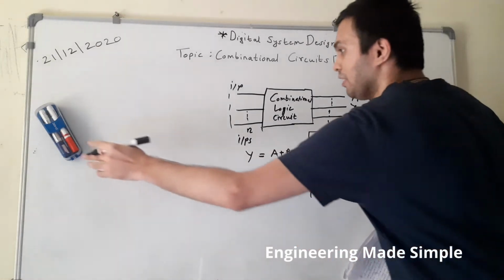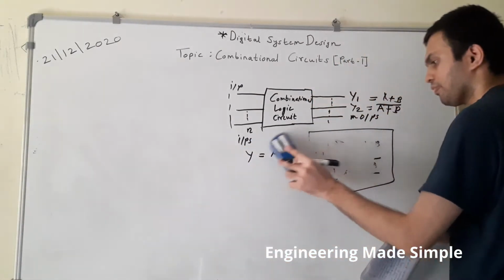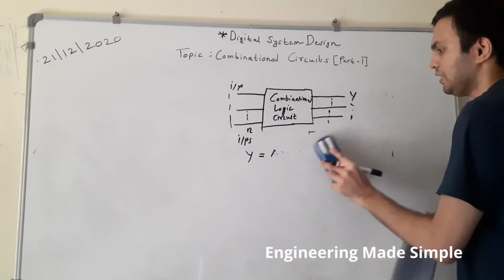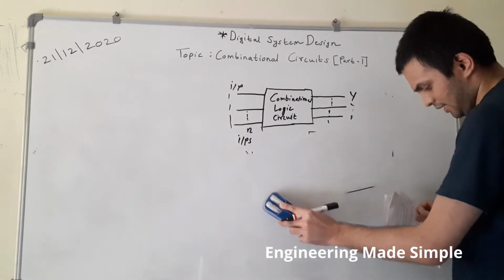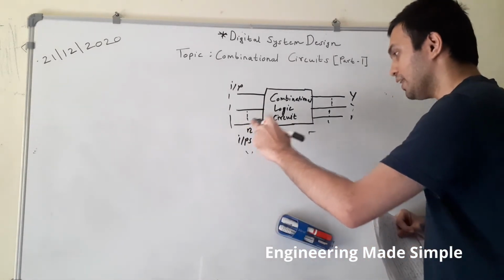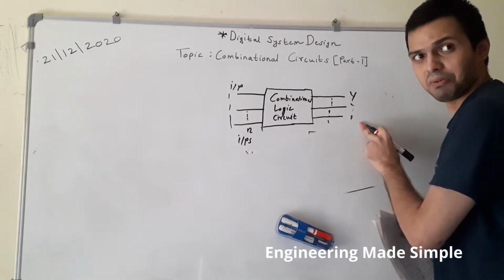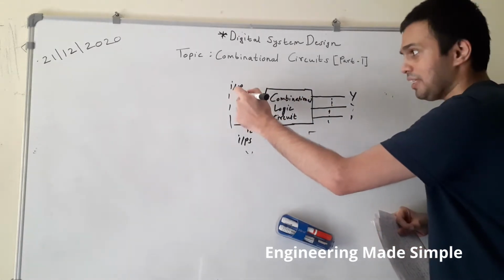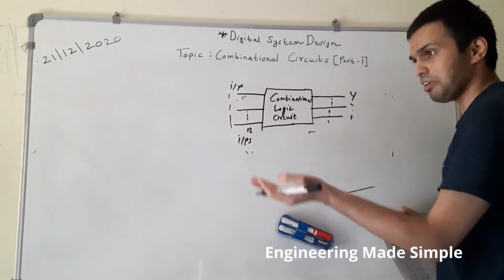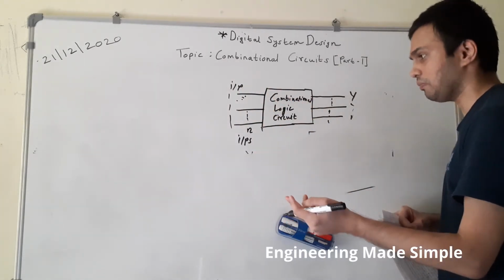So how will you define a combinational logic circuit? The definition is very simple. A combinational logic circuit is one where the output of a system at any given point of time depends on the present state of the input only, and it does not consider the past state of the input.